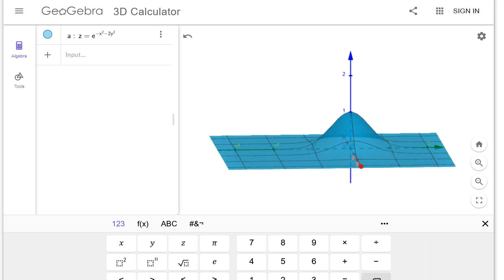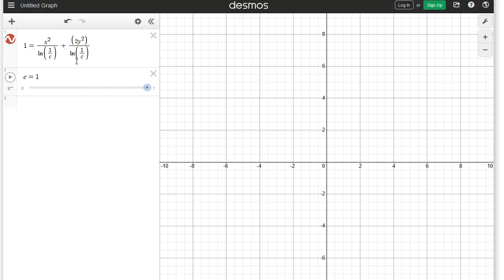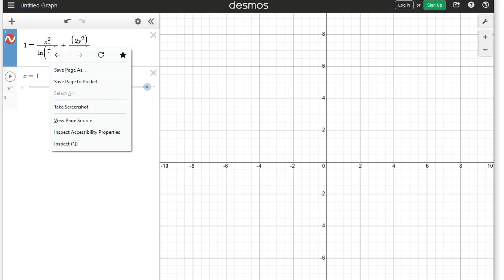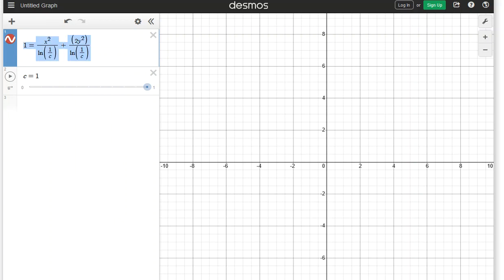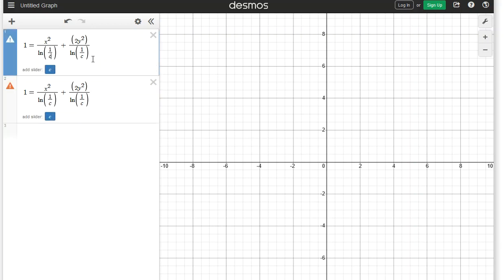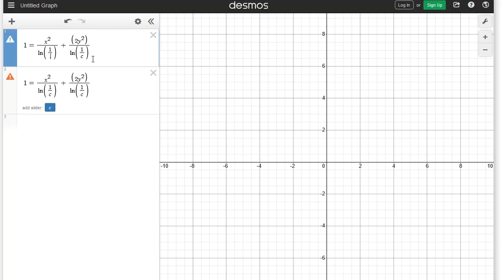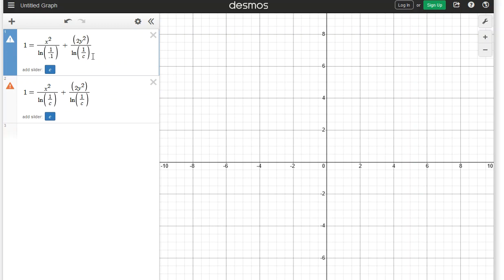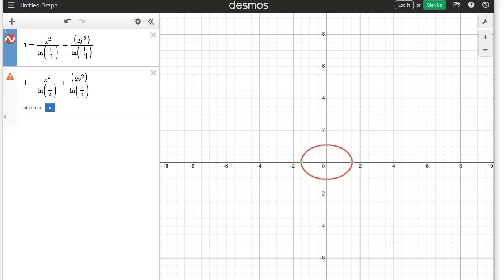So if you wanted to graph all of the level curves, then what you would want to do is go back over to Desmos and put in values of c, and then just copy paste this business. It seems like you should be able to copy paste this. Maybe I'll use my keyboard shortcuts. Yeah, there we go. Take that out and take out your slider, and you could just put in 0.1, and then the next one put in 0.2.